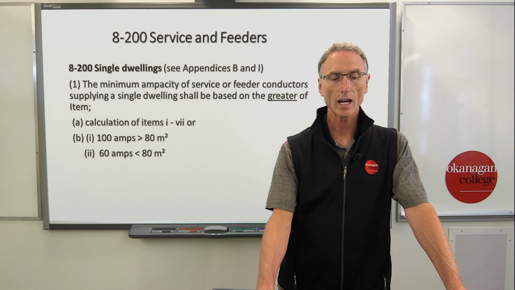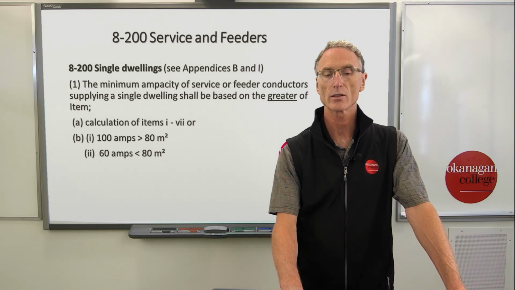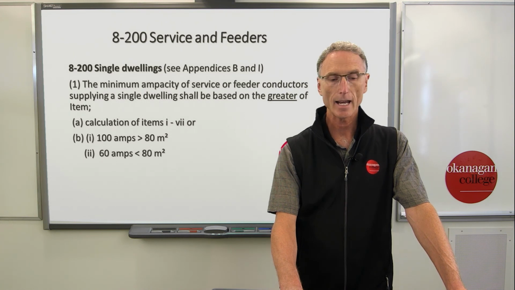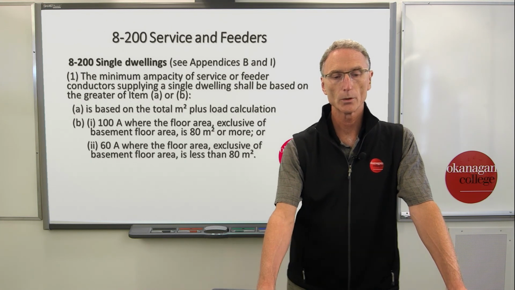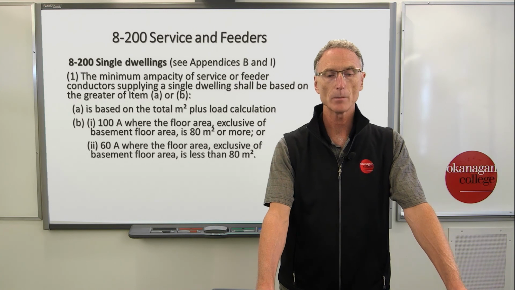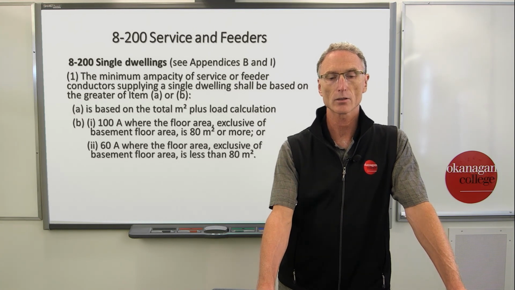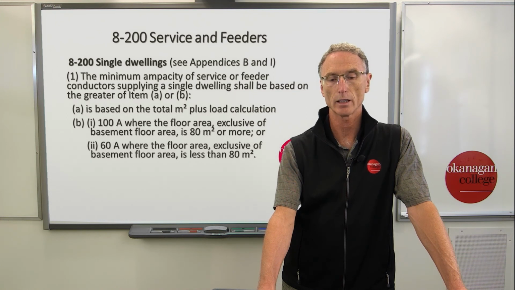So let's do the calculation part to find out the very minimum, because we have to look at what is the greater between A and B. So let's find out if A is going to be greater than B. We go through our calculations, and our first one is the minimum ampacity of the service or feeder conductor supplying a single dwelling shall be based on the greater of A or B. So A is based on the total meters plus the load calculation.